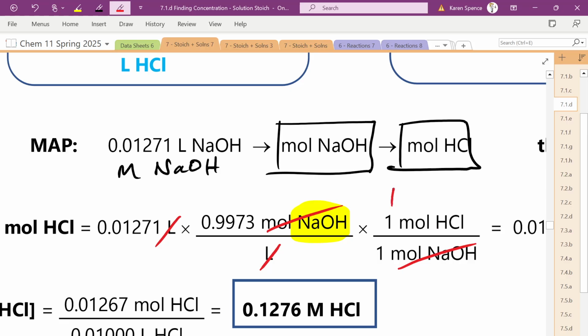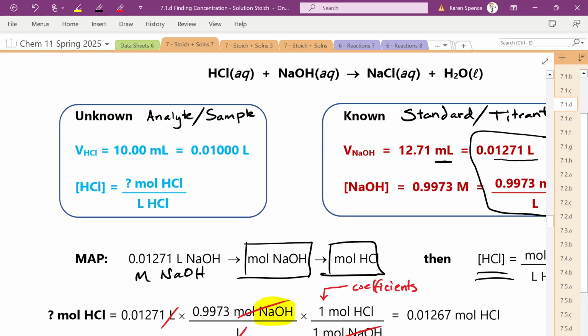Where do we find these number ones? Where did those come from? How do I know that there's 1 mole of HCl for 1 mole of NaOH? Those are from the coefficients. And the balanced reaction is just up here. So you can see there's a 1 there and a 1 there.